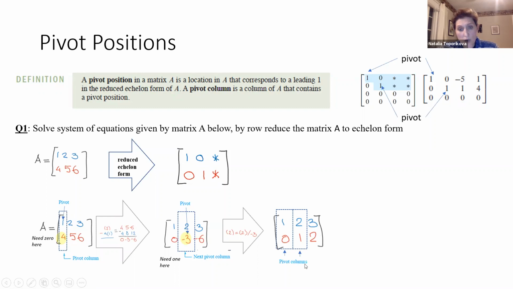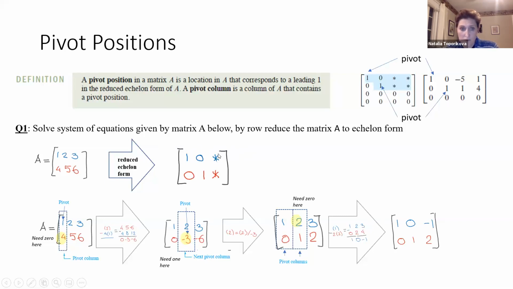Okay, so now we have 2 pivot columns with only one small problem. Above the 1, we should have a non-pivot element, and it should be equal to 0. So again, we can use a row operation. We can subtract double the second row from the first one. And finally, we get our reduced echelon matrix. It looks exactly the same as we desired.